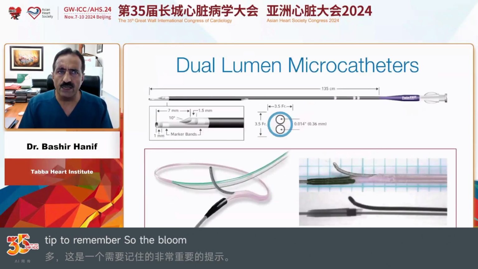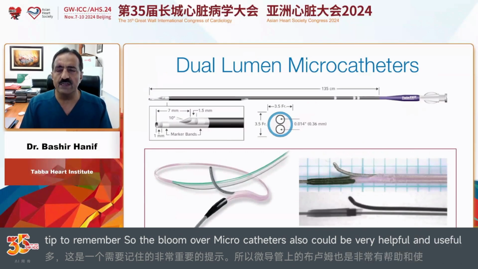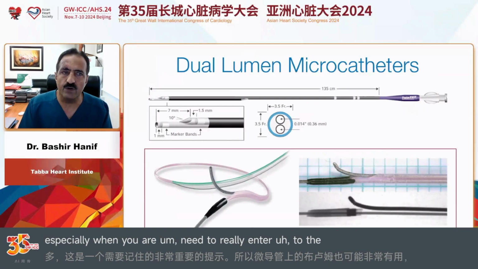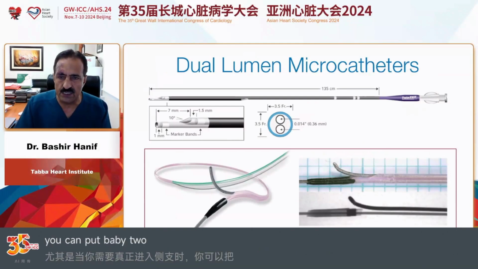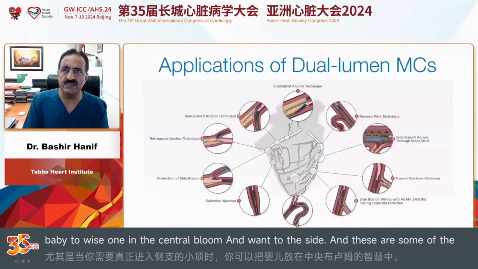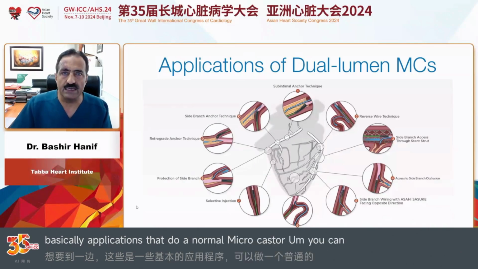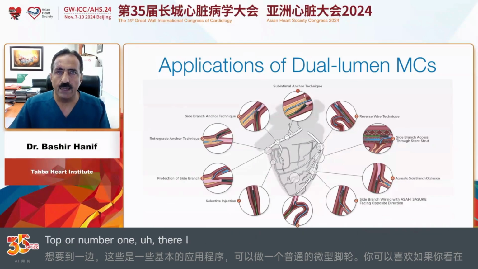The dual lumen microcatheters also could be very helpful and useful, especially when you need to enter the side branches. You can put two wires, one in the central lumen and one to the side. These are some of the applications of dual lumen microcatheters. If you look at the top, number one, there is the subintimal anchor technique.